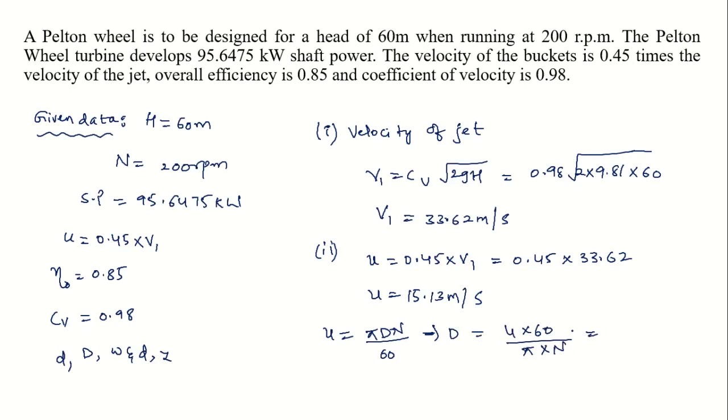So from here, u is 15.13 into 60 by pi into what is speed? 200. So from here, we would get the diameter of the runner or the diameter of the wheel as 1.44 meters. Right? This is the first parameter we should calculate in designing the Pelton wheel.